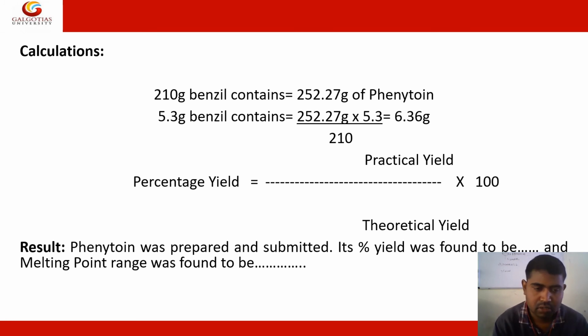So in the result portion, just write that phenytoin was prepared and submitted, and its percentage yield was found to be whatever amount you found, and you just have to mention that. So next, that is melting point determination. Whatever melting point you found for this phenytoin, you just have to write that in the result portion. So it's over from my side, this experiment.